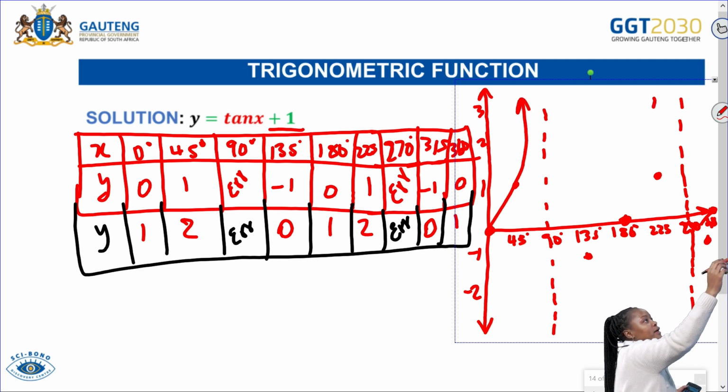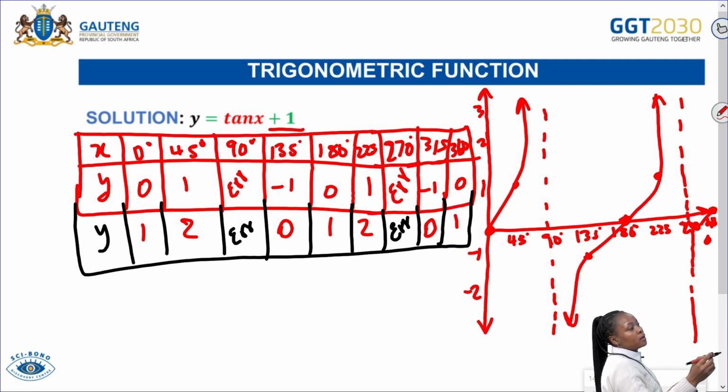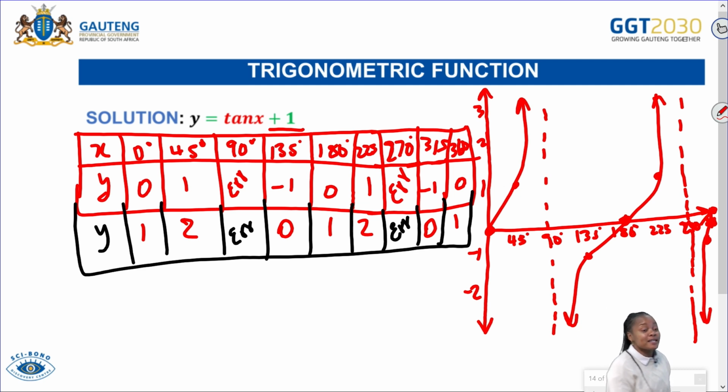And then it will go like this. And then from here, it's going to go like this. I've been sketching the graph of tan. You can't lose marks for sketching the graph of tan now. You should be knowing how to sketch it. So this is the mother graph. And then it is shifted 1 unit upwards.